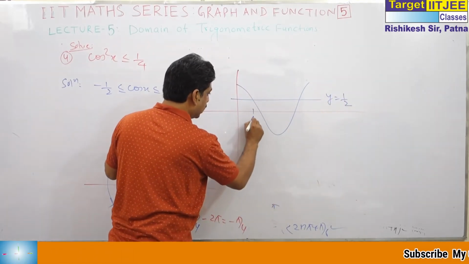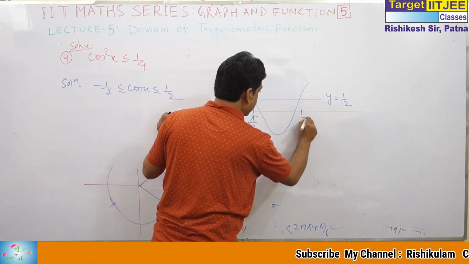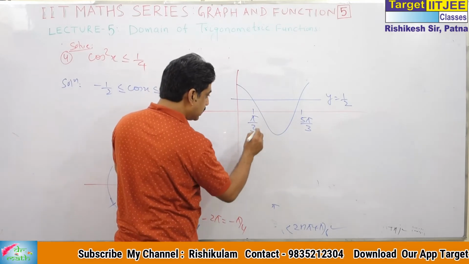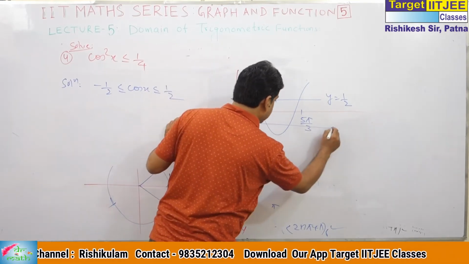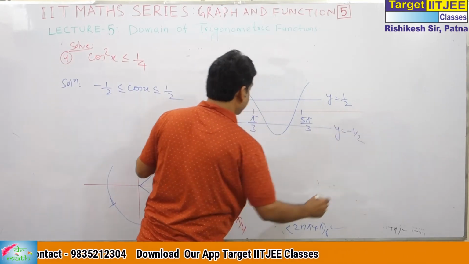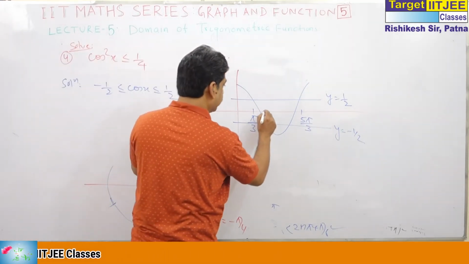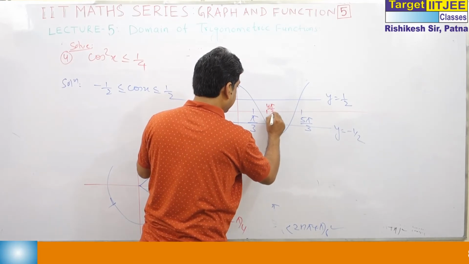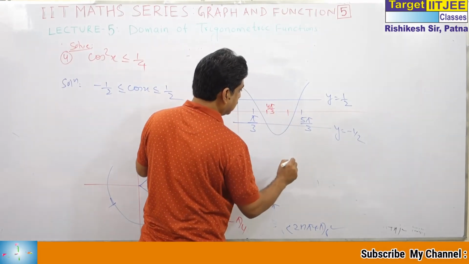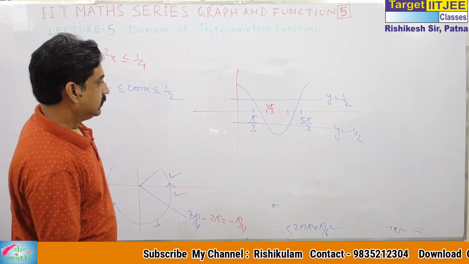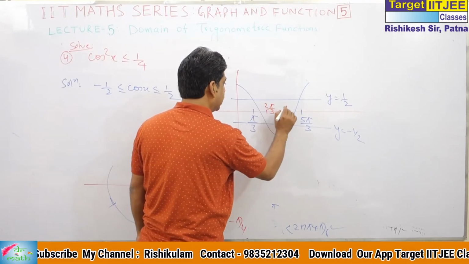You know cos pi by 3 is 1 by 2. What is your minus 1 by 2? So actually this is 2 pi by 3 and 4 pi by 3.